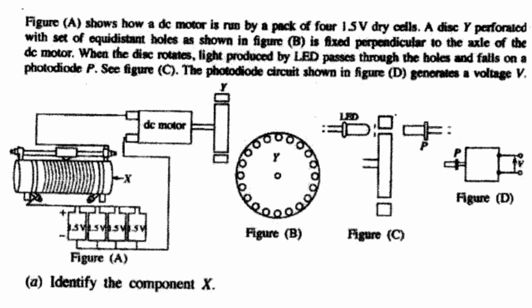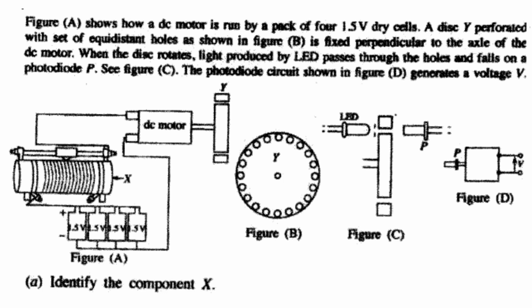When the disc rotates, light produced by the LED passes through the holes and falls on a photodiode P. See figure C. The photodiode circuit shown in figure D generates a voltage V.